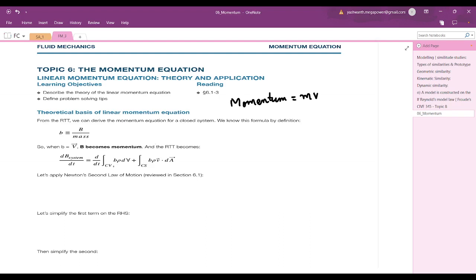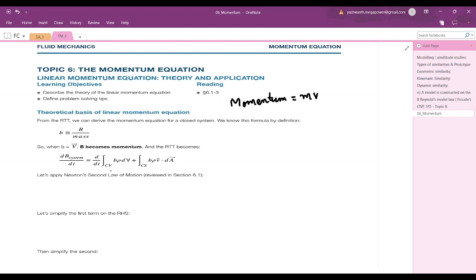So what does this Reynolds transport theorem tell us? The rate of change of momentum with respect to time, dB system by dt, is equal to the rate of change of momentum within the control volume plus the rate of change of momentum across the control surface.